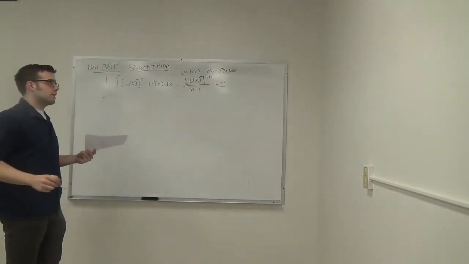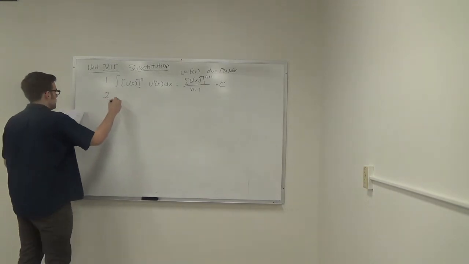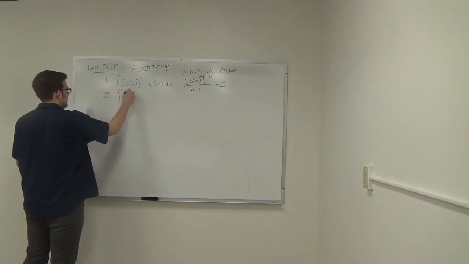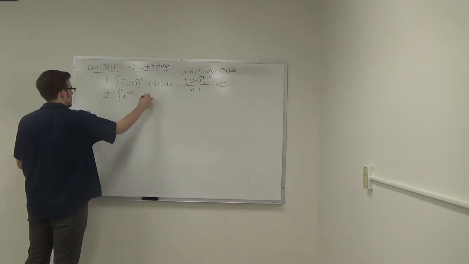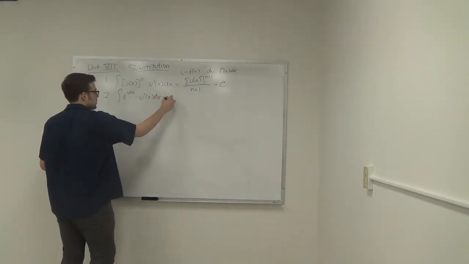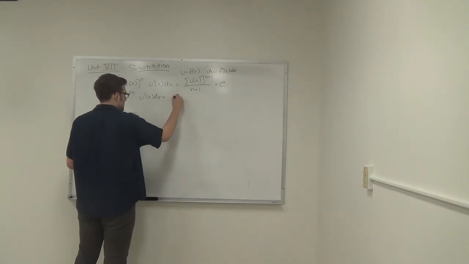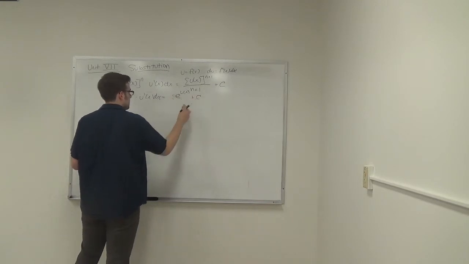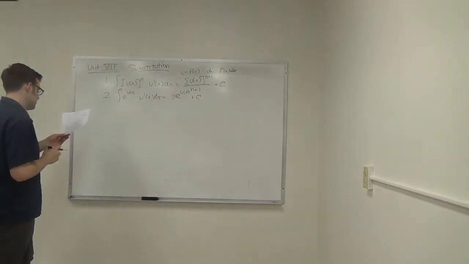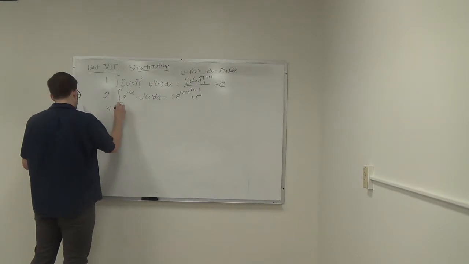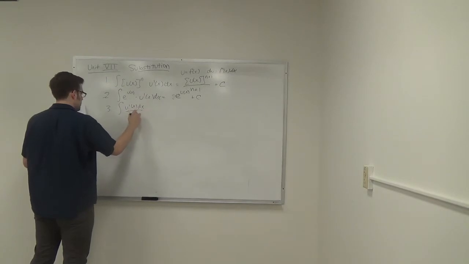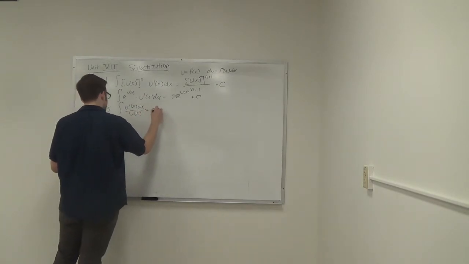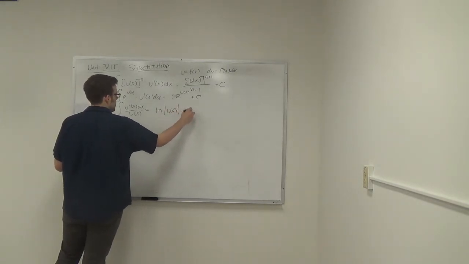This is the one that we've already shown. 2. The integral of e to the u of x times u prime of x dx is equal to e to the u of x plus c. 3. The integral of u prime of x dx over u of x is equal to the natural log of u of x plus c.